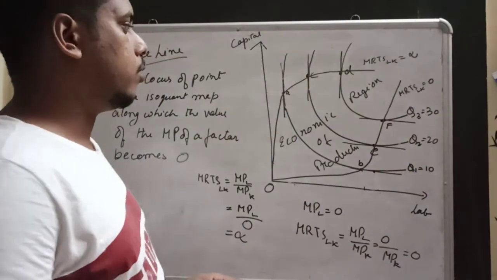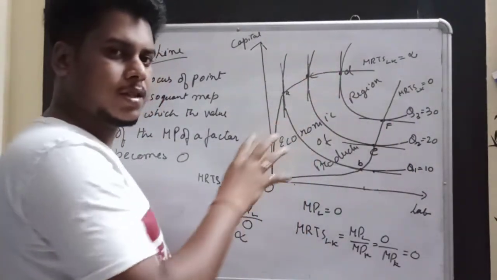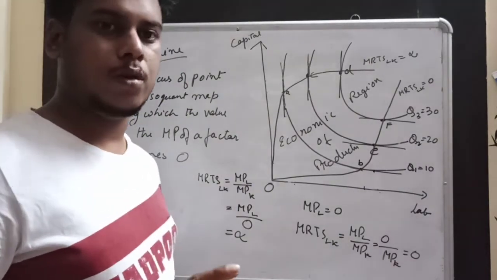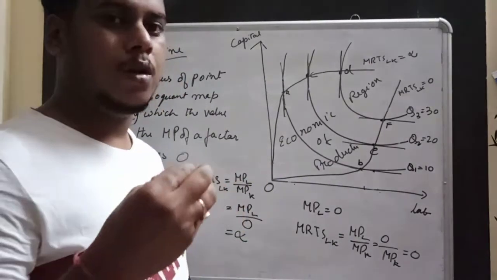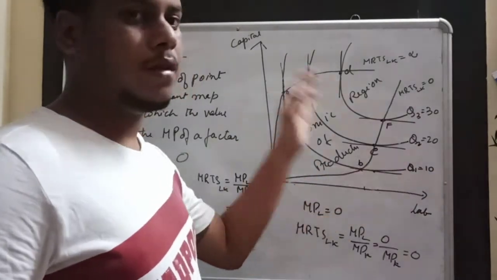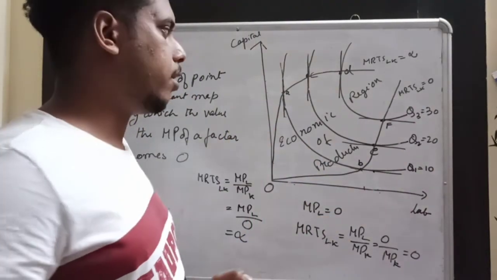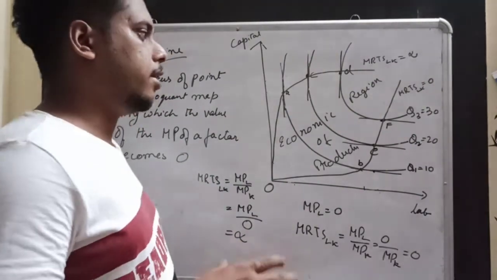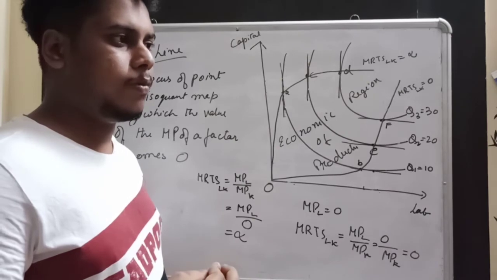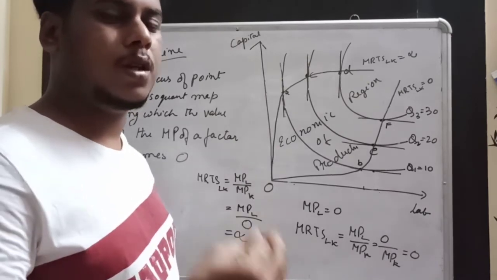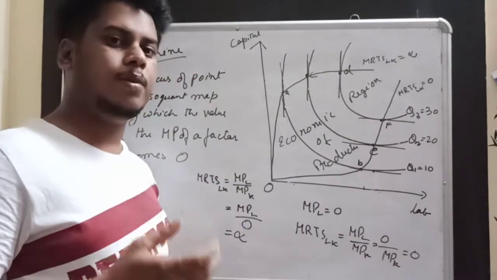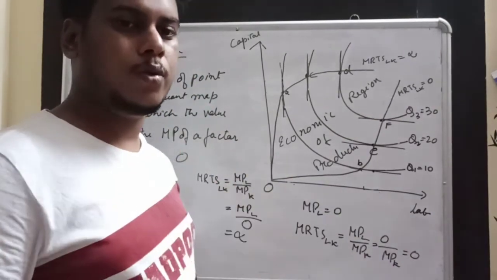Okay, so any combination within this phase is a logical combination of inputs to employ. If you choose any combination outside this to employ labor and capital, then it will imply that you are giving opportunity to certain labor and capital who are not capable of giving anything to you in return.